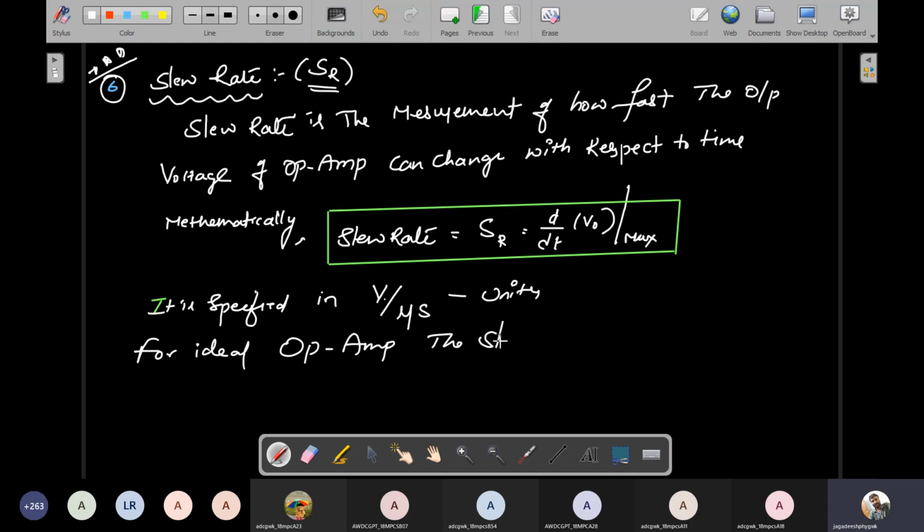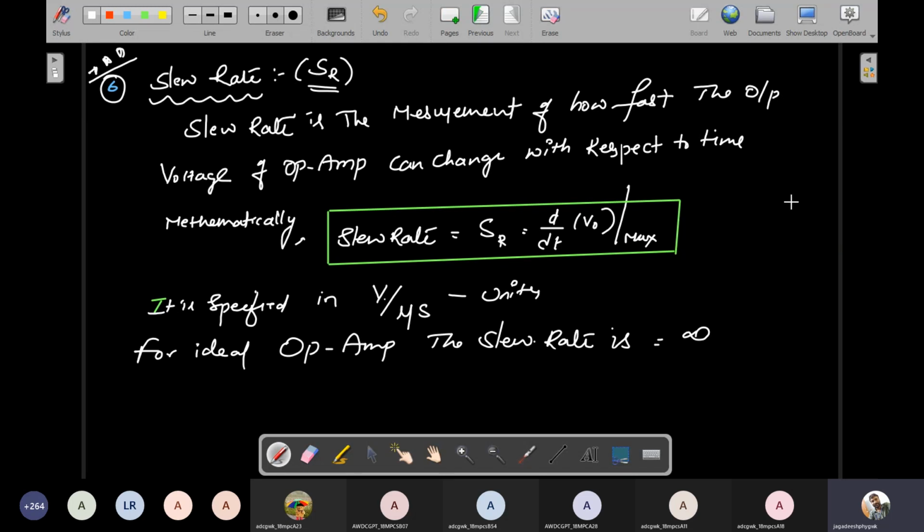the slew rate is almost infinite. Understand everybody? So please note, we can see the slew rate by using this graph also.